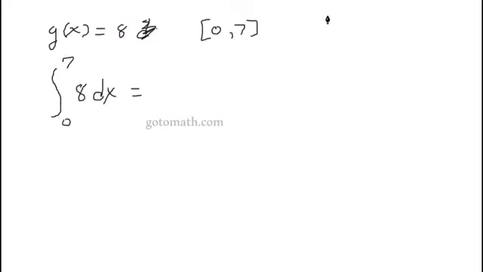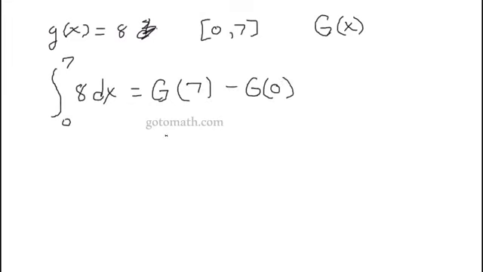So remember that capital G of x is our antiderivative. Capital G of x is the antiderivative. All right. And in other words, we want to do this: G of 7 minus G of 0. And the way we do this is we go ahead and take the integral.